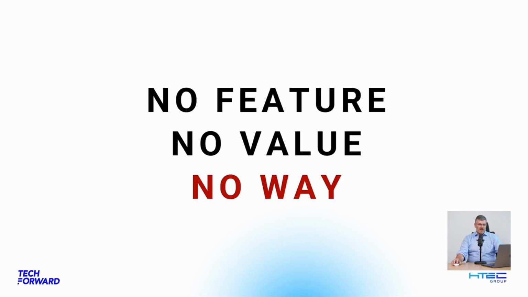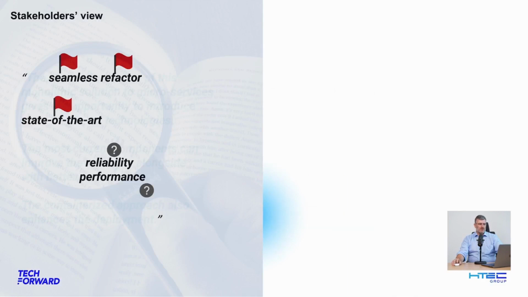Let me show what is the source of that miscommunication. The terms used in the original speech mean different things for business people and technical people. Let's see how business folk look at the pitch. As you can see, the technical terms just faded out because business people do not speak that language. They mean nothing to them.